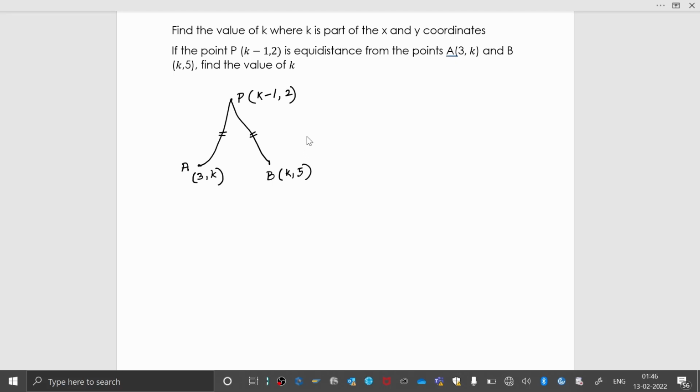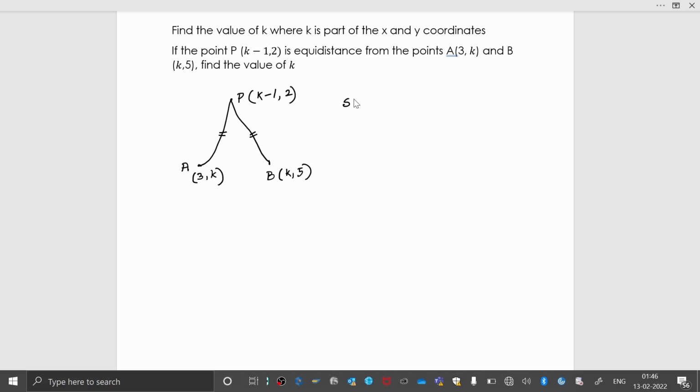So there are two important steps here. First we need to find the distance of PA and PB. We can break this whole problem into two steps to simplify it.